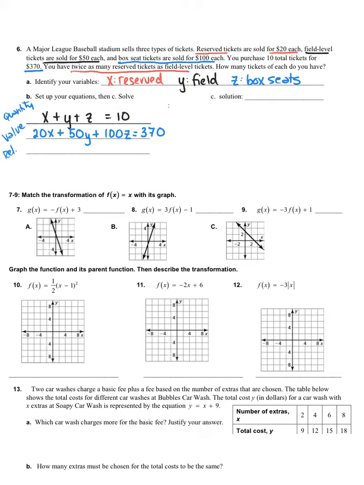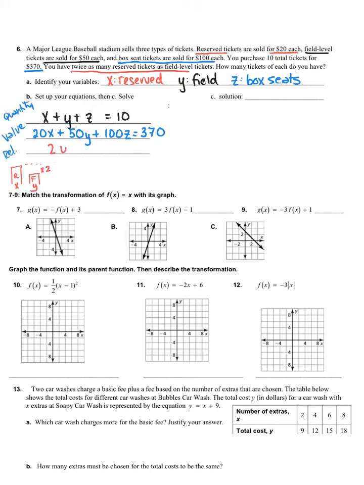So twice as many. So here's my reserved, and here's my field level. In order to make these equal, to set up an equation, so remember this is your X and this is your Y, I'm going to have to multiply this one by 2 to make them equal.